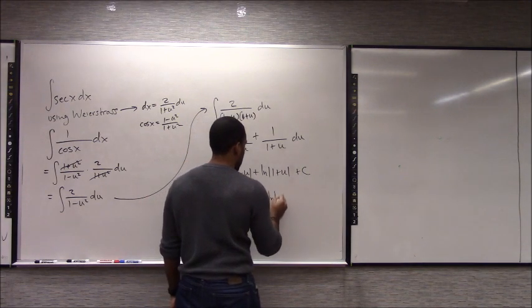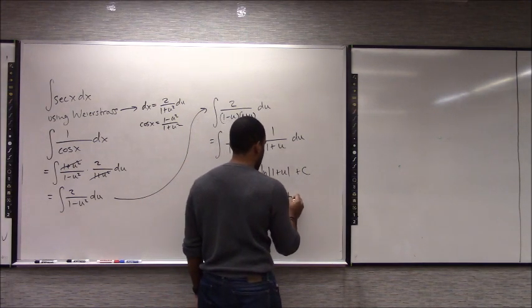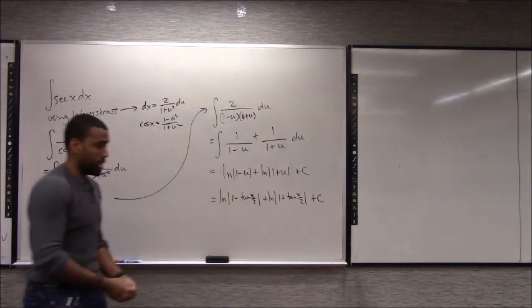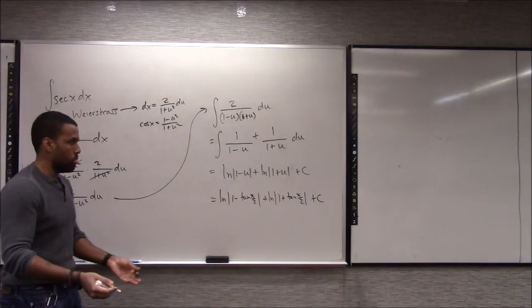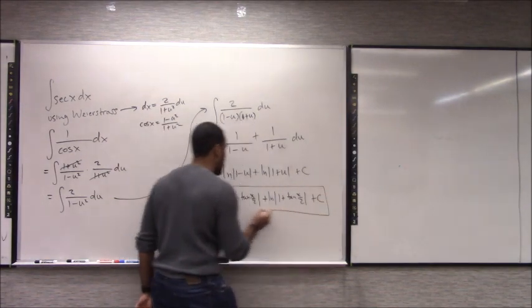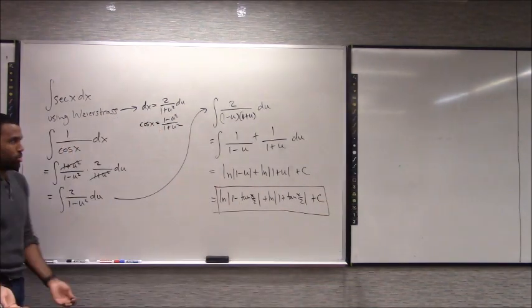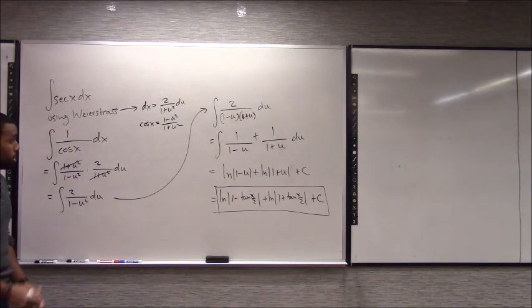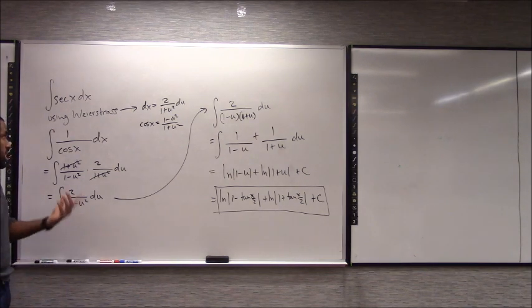So ln of 1 plus tangent x over 2. Right? So that's the integral of secant without any mysterious multiplying and dividing by this random thing that no one knows how the first guy even came up with it. Like, why would you multiply by secant plus tangent over secant plus tangent? Where did that come from? So this is a more direct, constructive way of actually getting to this.